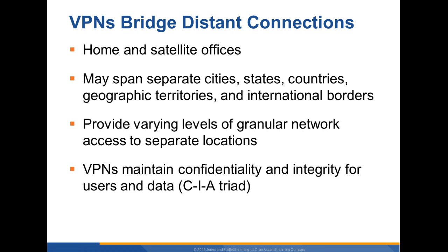VPNs maintain confidentiality and integrity for users and data, part of the CIA triad. Confidentiality is maintained, inherent in the VPN, because of the encryption of the data passing along through the tunnel. And integrity is maintained because it ensures that all of the data is transported from point A to point B.